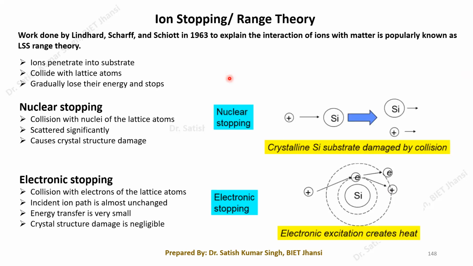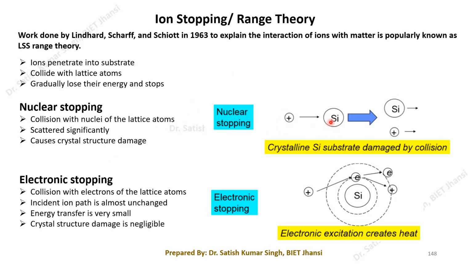There are two basic mechanisms. One is called nuclear stopping, and the other is called electronic stopping. As the name suggests, the ion, which is a positively charged ion, is going to collide with the nucleus of your silicon atoms or any other atoms available in the target material.